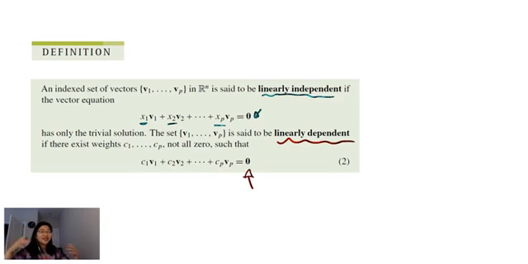So linearly independent means that the only way to have a 0 vector come out is the trivial solution, where all of our x1 to xp are all 0. If that's the only way to get out our 0 vector, and linearly dependent if that's not the case, if there exist weights that are not all 0, such that we get out the 0 vector.